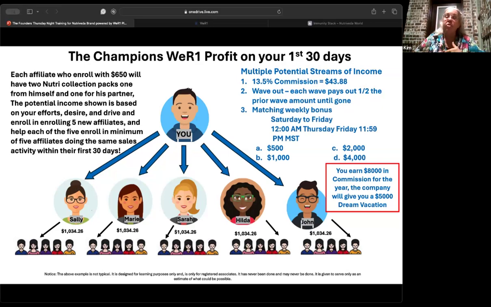When you earn $500, and this is on the central time zone, not Eastern, they're going to give you a $500 bonus. When you've earned up to 1,000 in that time period, they're going to match it with a $1,000 bonus. Same thing happens at 2,000 in commissions and at 4,000 in commissions.